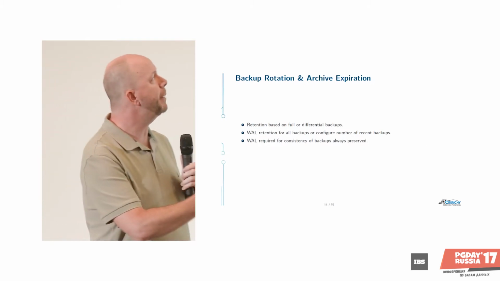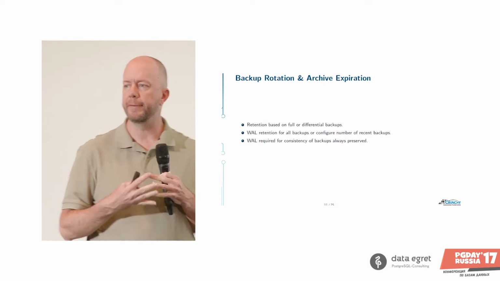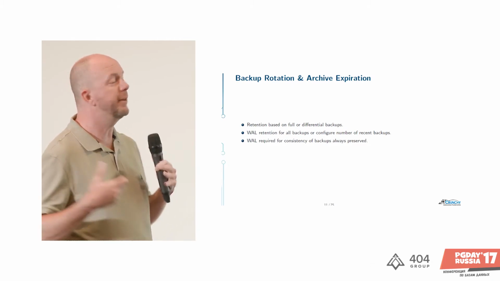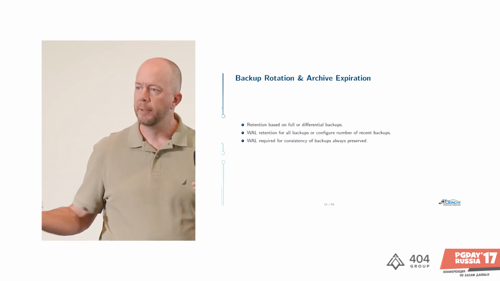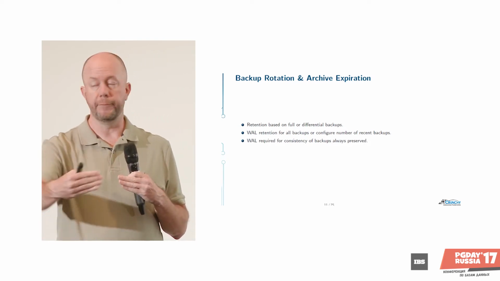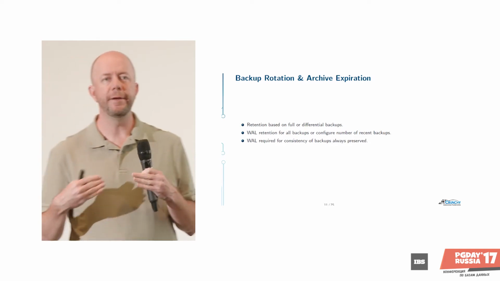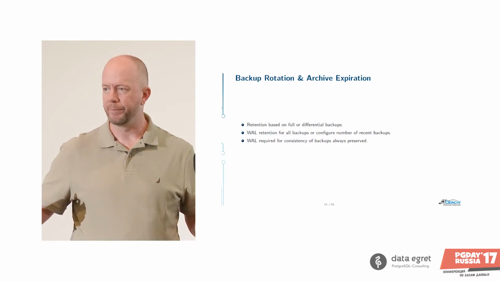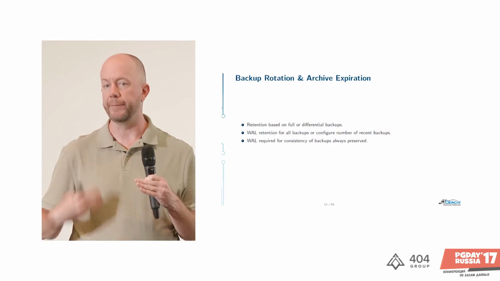Built into backrest is backup rotation and archive expiration. You can set retention limits for your backups. You can decide how much WAL you're going to store. You can store WAL for all your backups, or you can store WAL for just some of the most recent backups. If you do that, the only thing that backrest will expire is the WAL in between the backups, because the WAL that was actually collected during the backup is required to make your backup consistent.